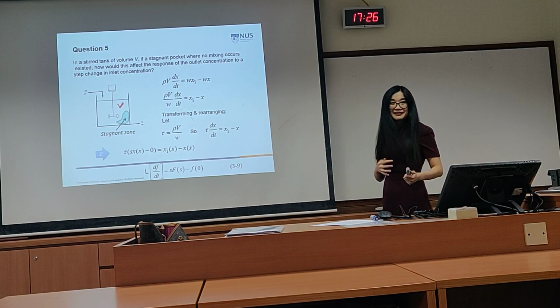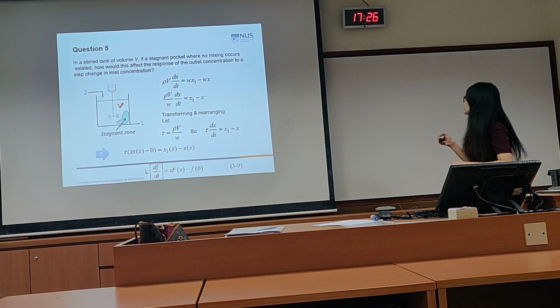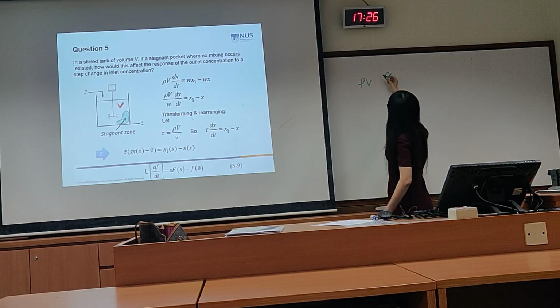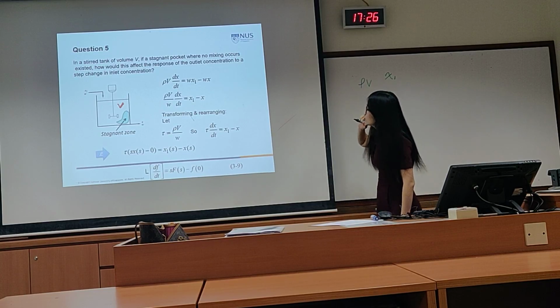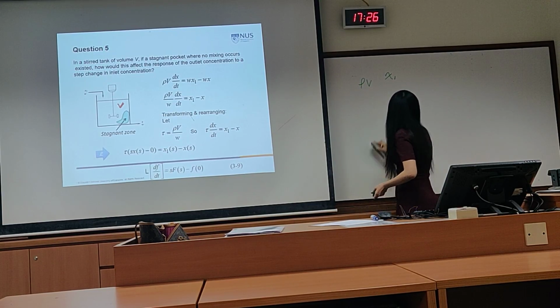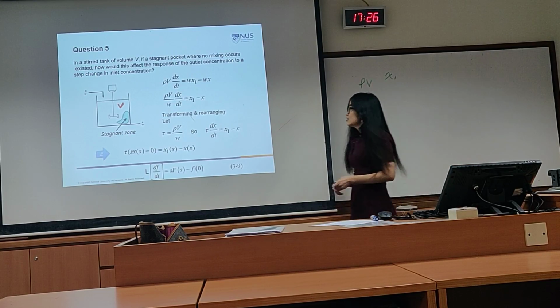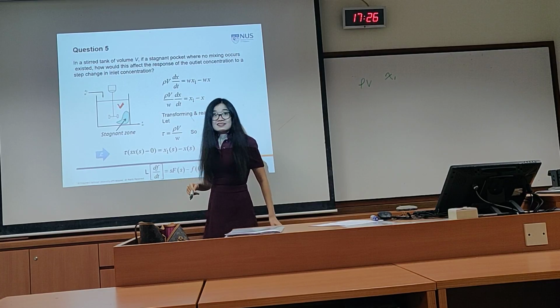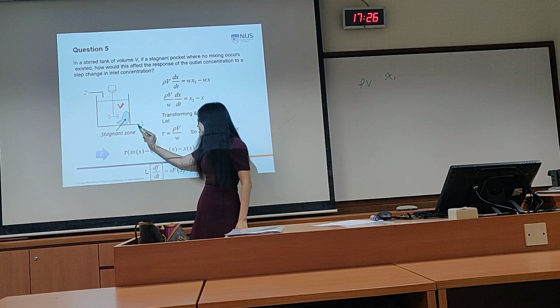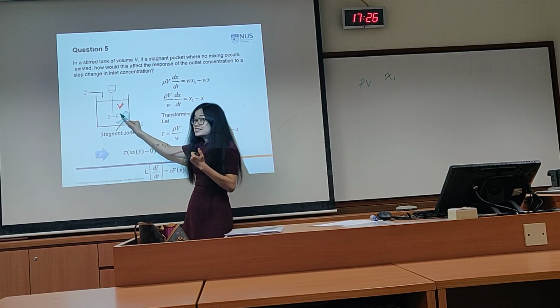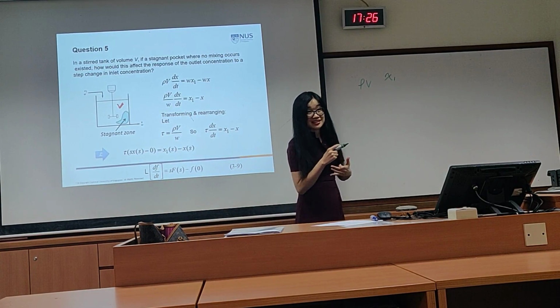Therefore, we need to write the component mass balance again. So again, it is rho V to be the overall mass multiplied by this concentration. And because this concentration is changing, the inlet flow is X1, the outlet flow is X. If we want to analyze the system, the concentration within the tank, as the outlet, this is X, and in a flow system, we always have that the outlet is the same as the system itself, as the same as within the system.